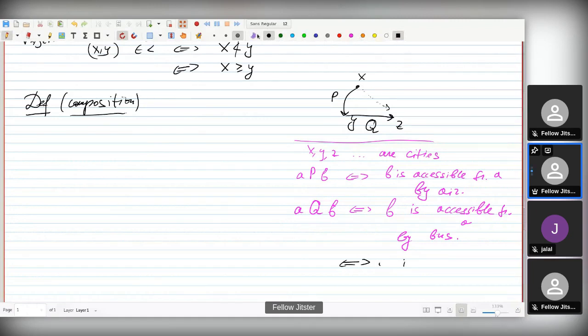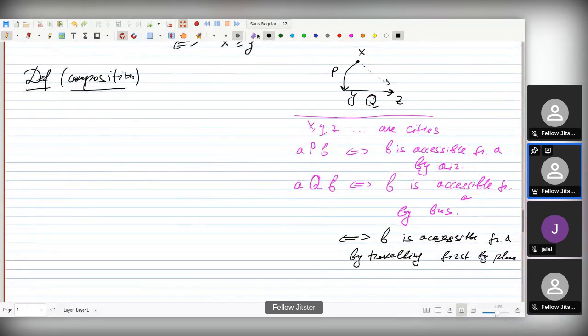B is accessible from A by traveling first by plane, then by bus.